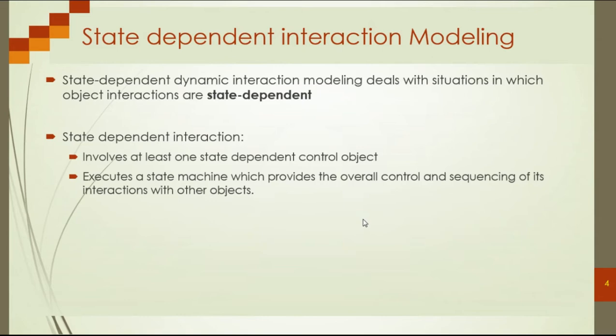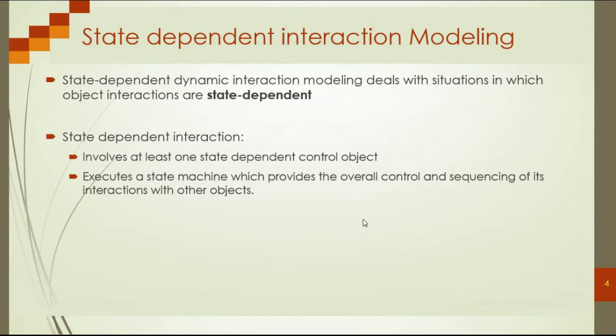We have also the control objects, but in the state dependent interaction model we have at least one dependent control object, and this control object executes a state machine or state chart that we learned in the previous class.